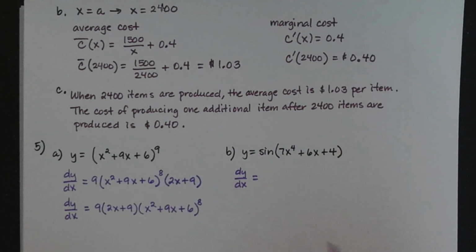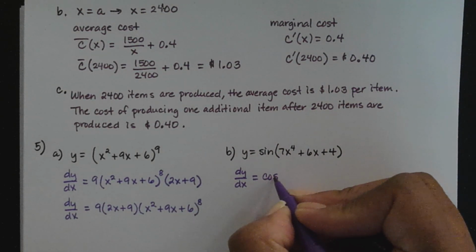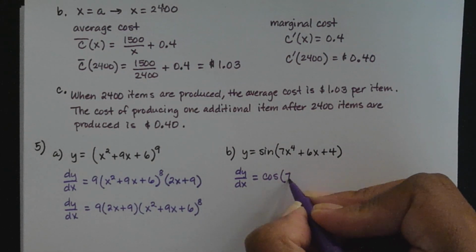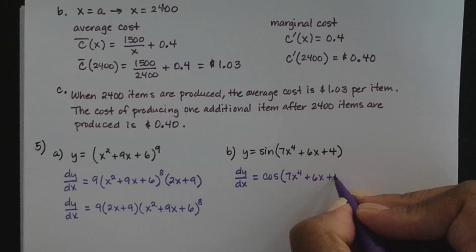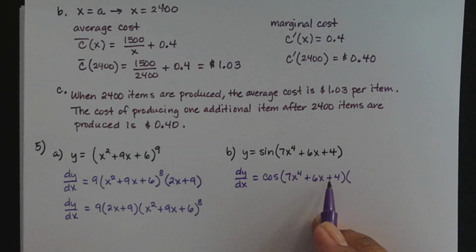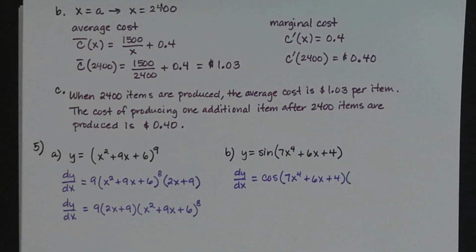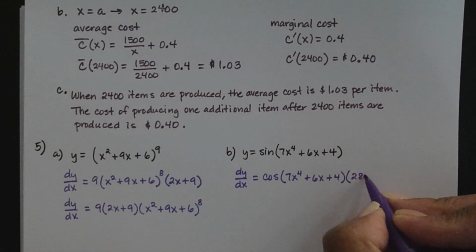So dy/dx, what's the derivative of the sine? Cosine. So that'd be the cosine of what's in the parentheses, the 7x to the 4th plus 6x plus 4. Then it's going to be multiplied by the derivative of the inside function. So the derivative of 7x to the 4th plus 6x plus 4 will be what? 28x cubed plus 6. Right.